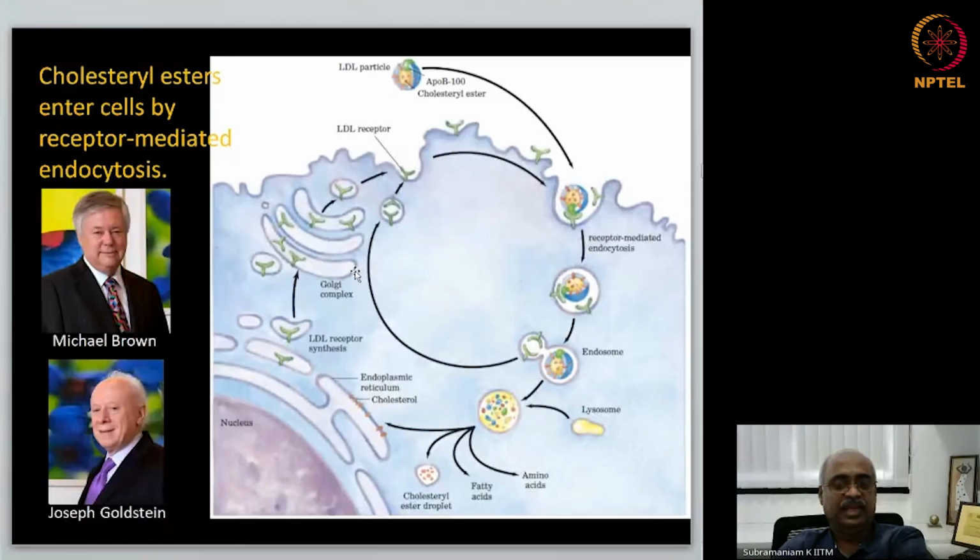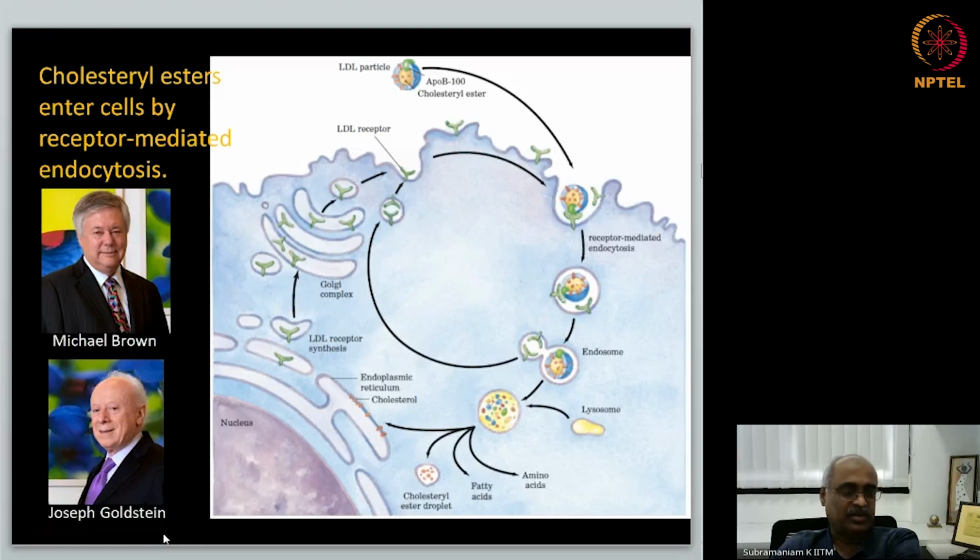And this LDL route was discovered, and how it works and how the regulation happens was worked out, by Michael Brown and Joseph Goldstein. These two people won the Nobel Prize for that, because this was long, tedious work, and it is a central pathway in cholesterol regulation, so it attracted a lot of attention.